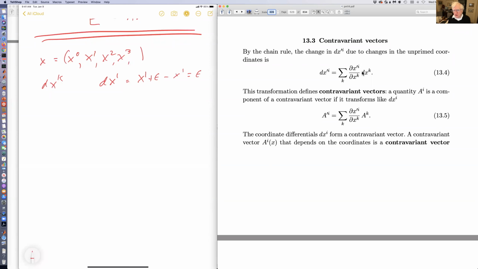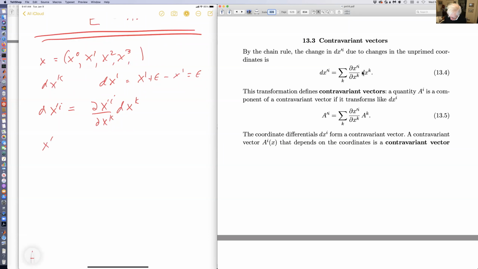Anyway, if you change your coordinate system, then what happens to dx? Well, dxi prime is going to be partial of x prime i partial xk dxk. In other words, it changes by essentially matrix multiplication.